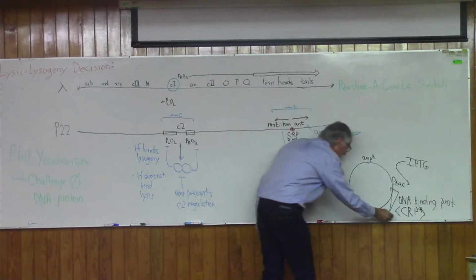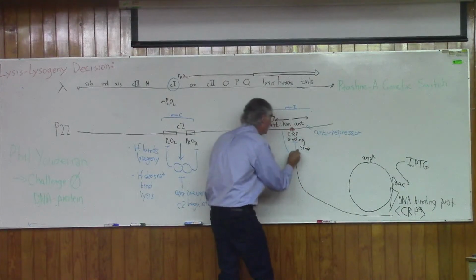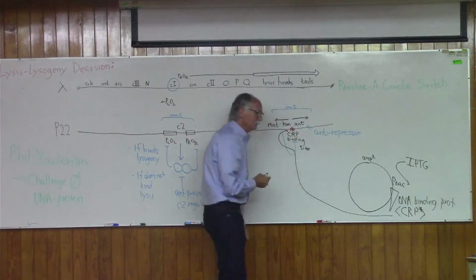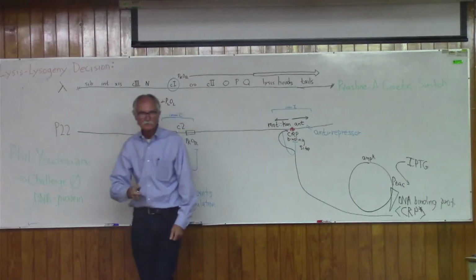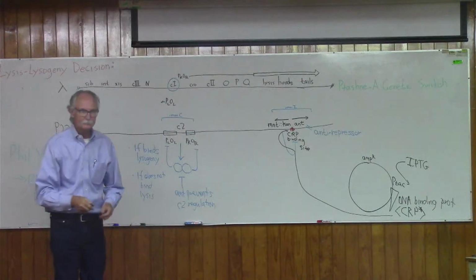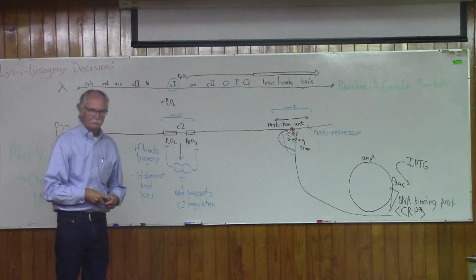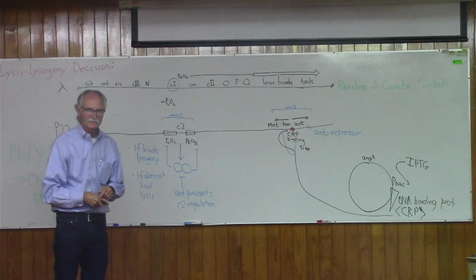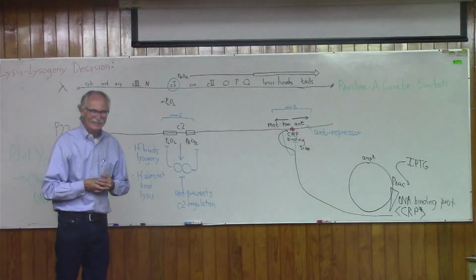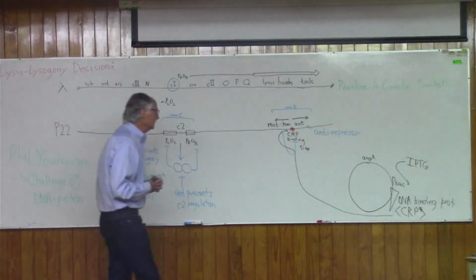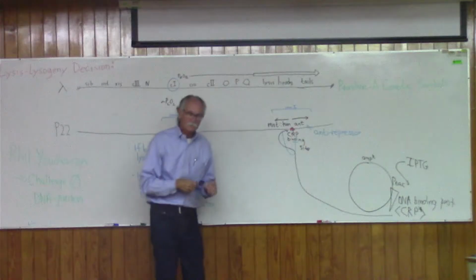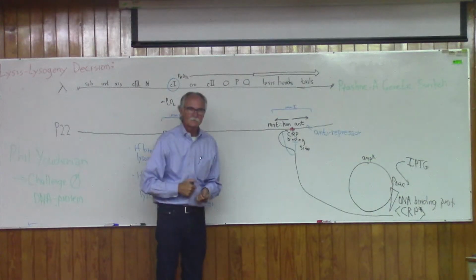And now the CRP can come bind to this mutant site, and what happens? And the lysogen that we get, we can select for by requiring kanamycin resistance.